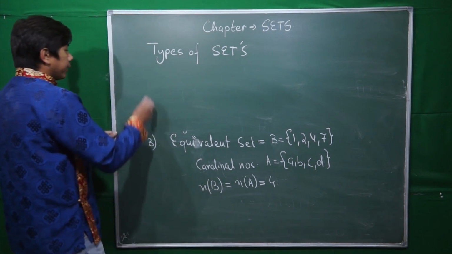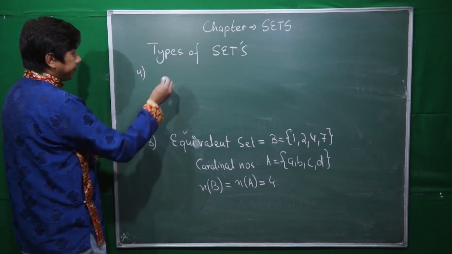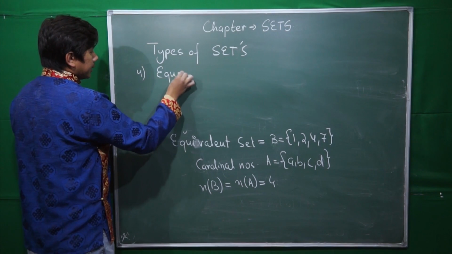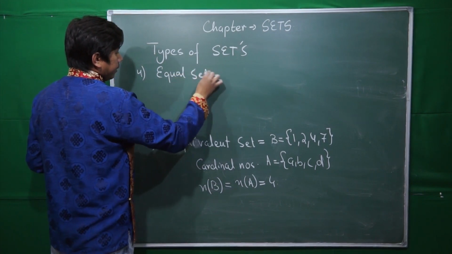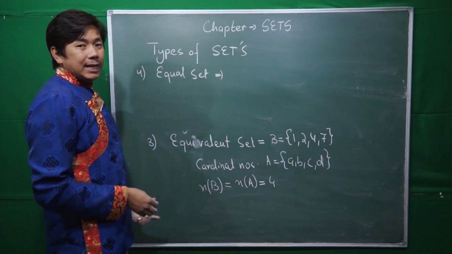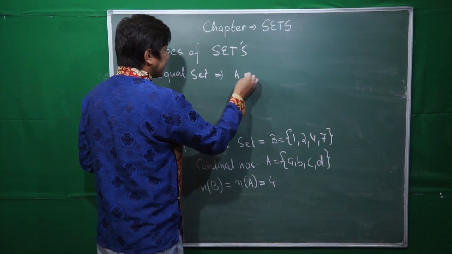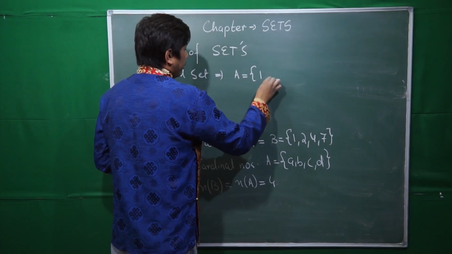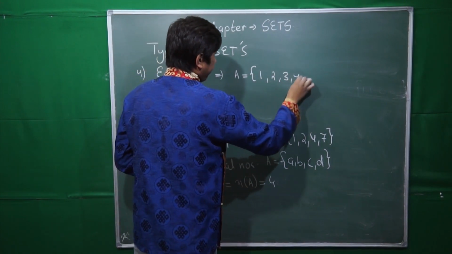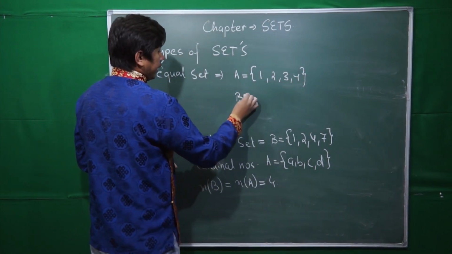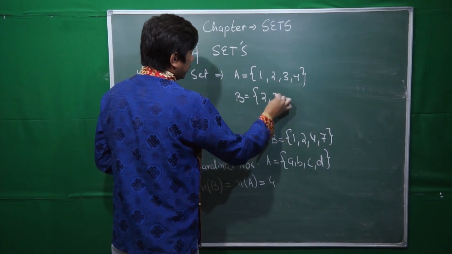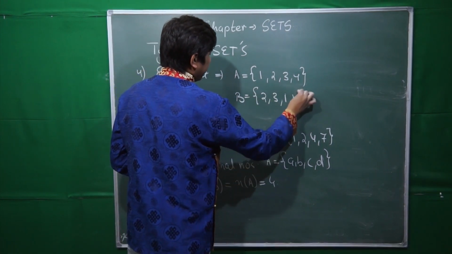Now coming to the fourth type, we have the equal set. What is an equal set? Two given sets whose elements are the same. Set A is 1, 2, 3 and 4. And then we have set B, which is, say, 2, 3, 1 and 4.